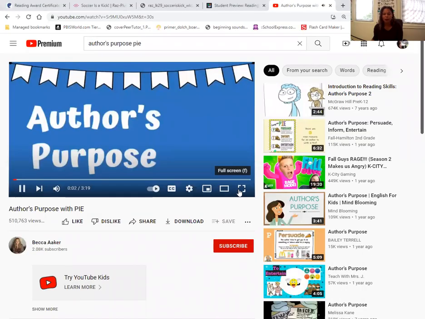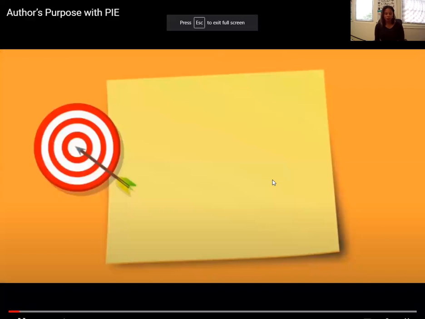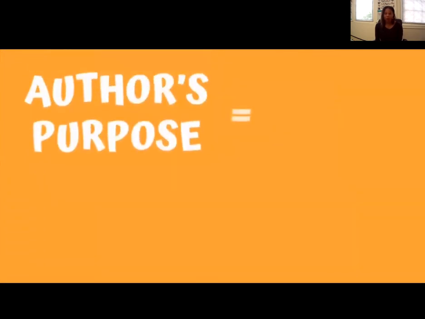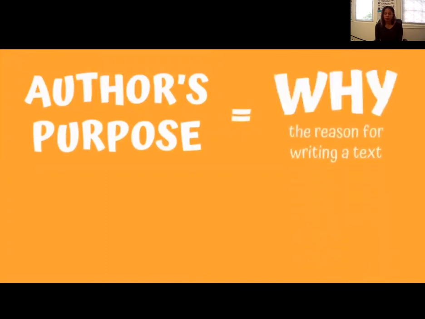Today's lesson is about author's purpose. Our learning objective is: I can identify the author's purpose for writing a text. Author's purpose is why the author wrote the text, or the reason for writing a text.